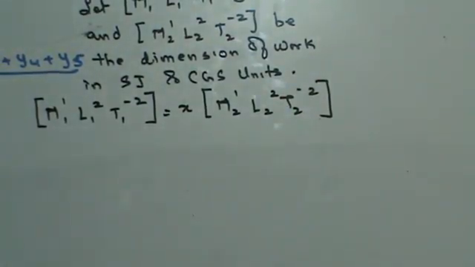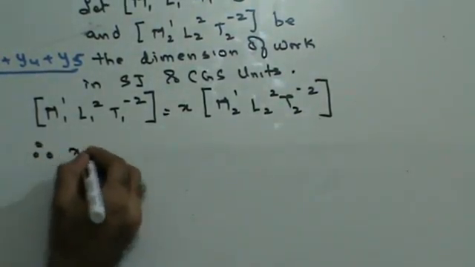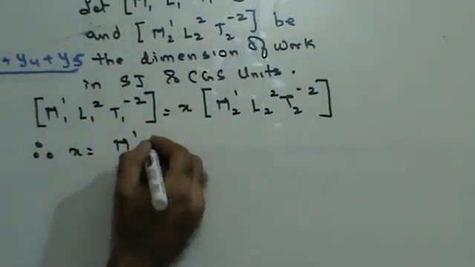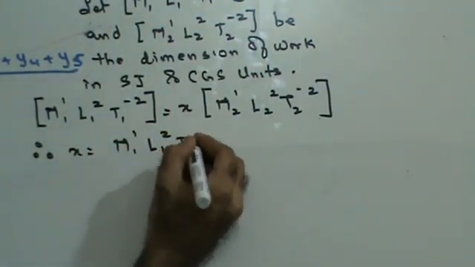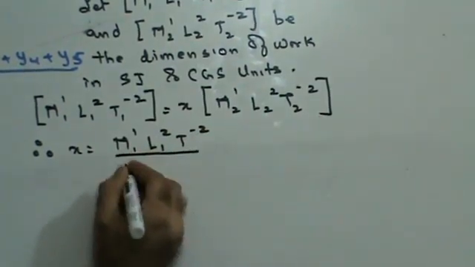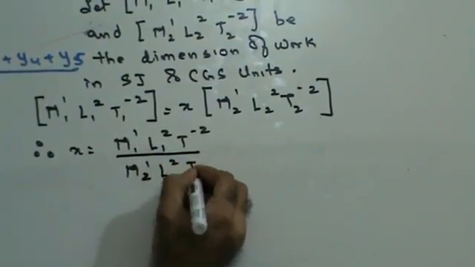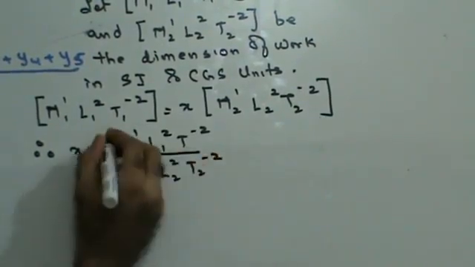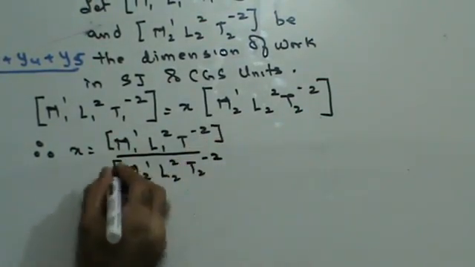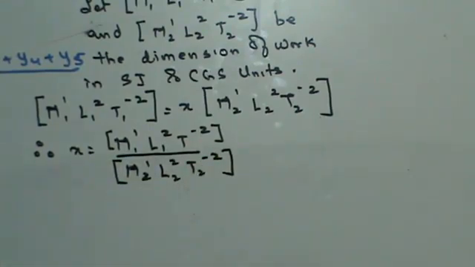In which case I could say that X should be equal to M1 raised to 1, L1 raised to 2, T1 raised to minus 2 upon M2 raised to 1, L2 raised to 2, T2 raised to minus 2, right?